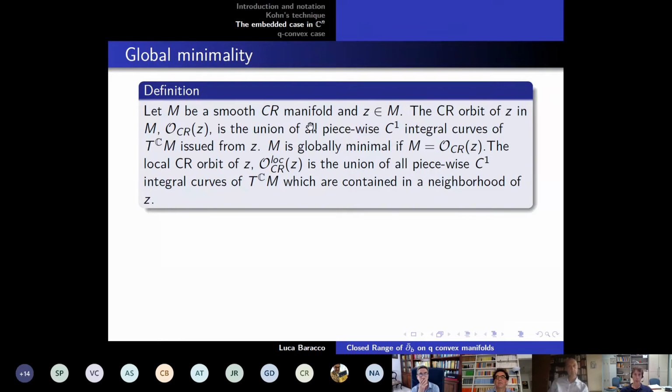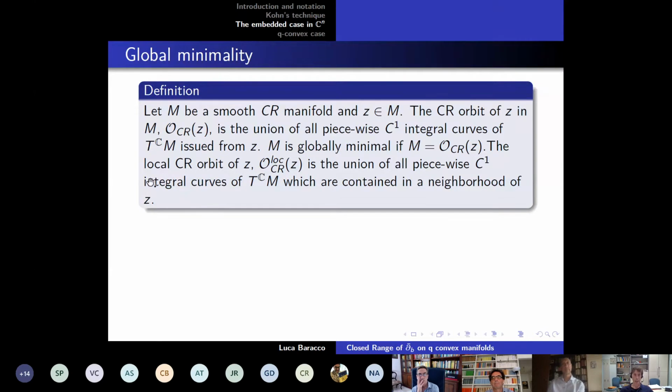Let M be a smooth CR manifold and Z a point on M. The CR orbit of Z in M is the union of all piecewise C^1 integral curves of T^C M issued from Z. We say that M is globally minimal if M is a single CR orbit.